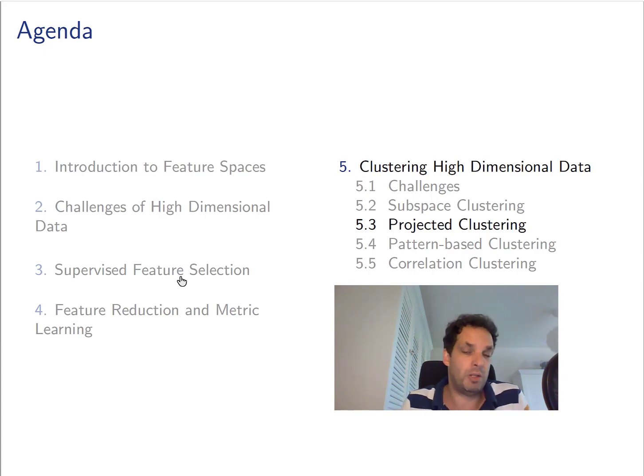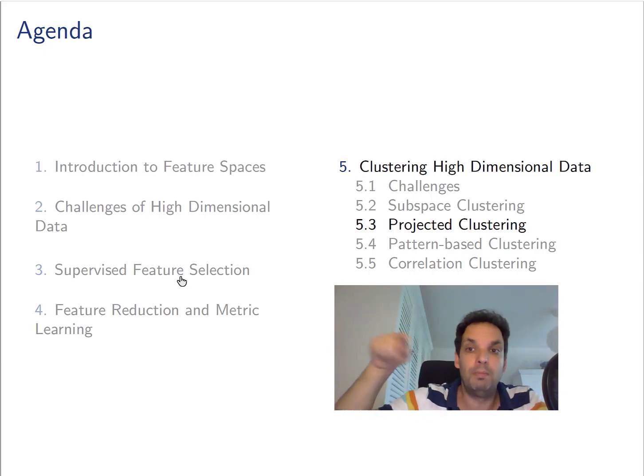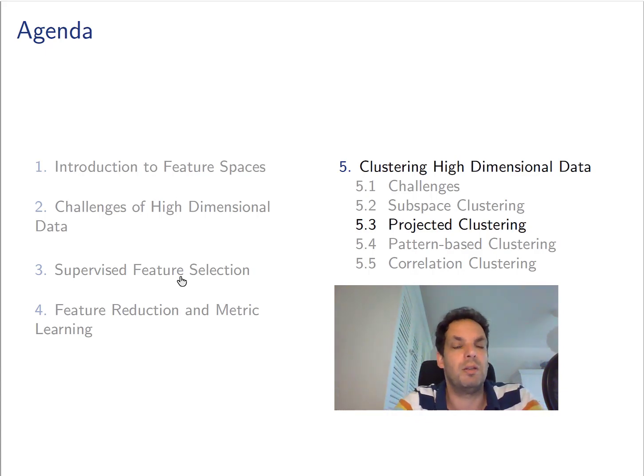The search space of all possible subspaces is huge, so we need to somehow navigate through that. One thing is monotonicity with a priori style things, and others would be some kind of heuristics like best first or stuff like that. We also saw some clustering of base clusters of one-dimensional clusters and stuff like that.